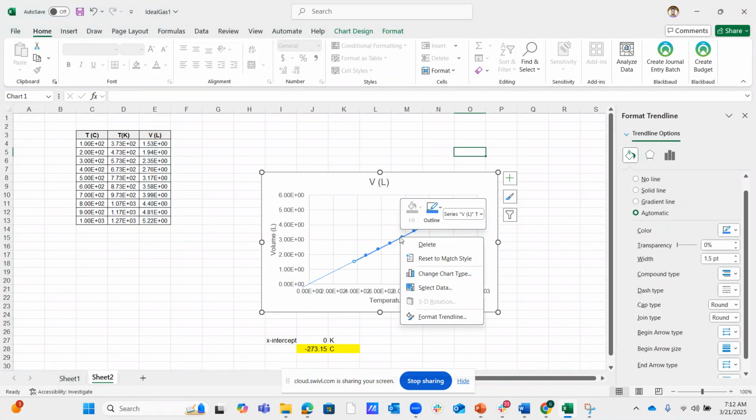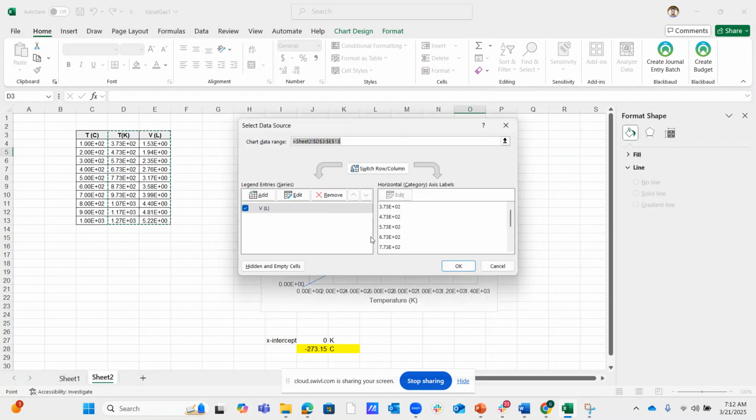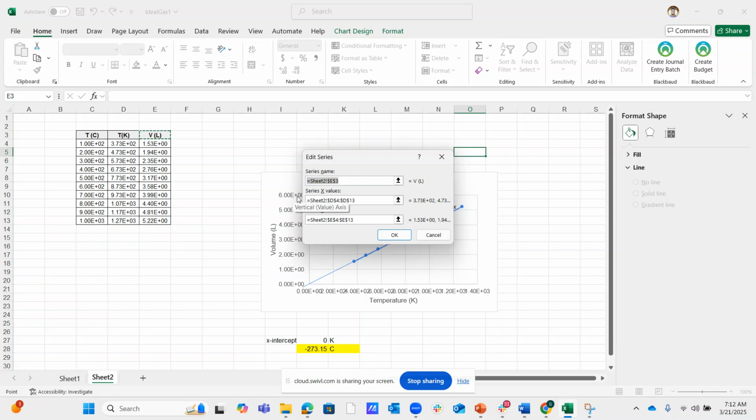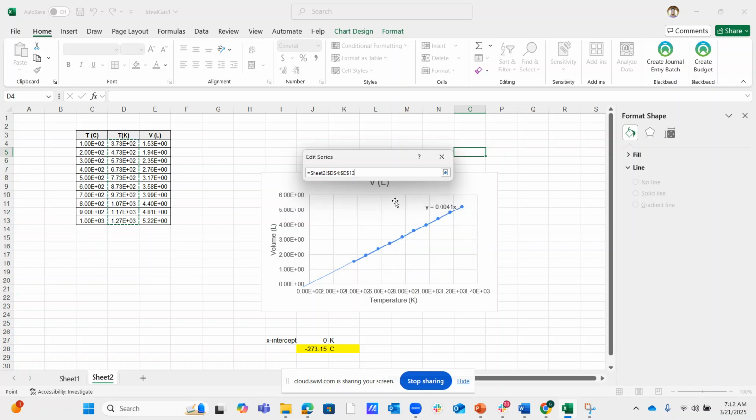So you can go this way and do select data. Good. Now you come to your sheet and go to edit. So these are my x values. You see, it's showing me the x values he used. I want to tell him to now use these x values. That's all I'm doing here.